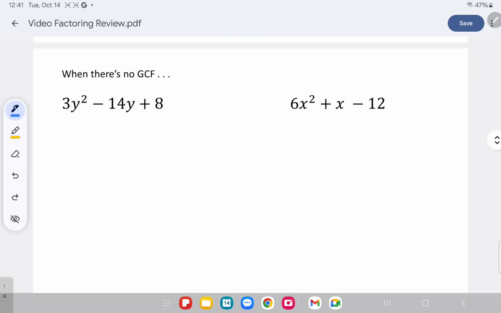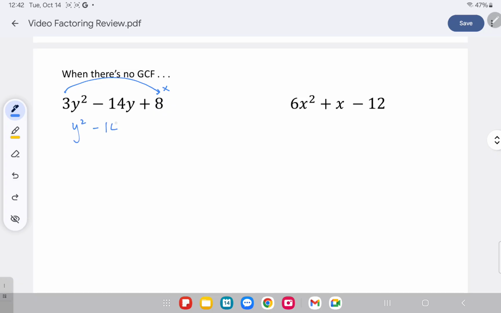What if we have a leading coefficient, a number in front of the x squared term, or in this case, y squared term, but it's not a GCF? There's a number in front, but there's no GCF. What do we do? Well, how I teach this method, often called the slip and slide method, is we take that number and multiply it by this number in the back.